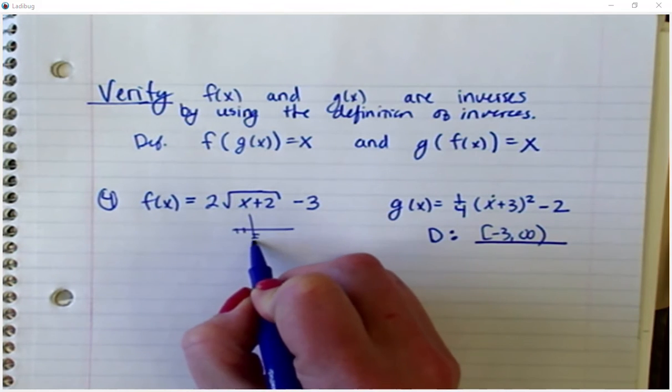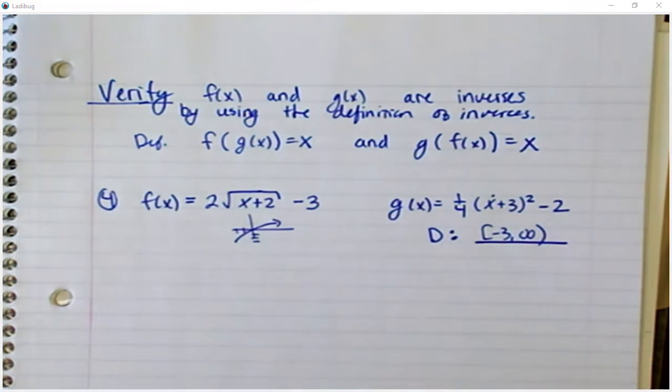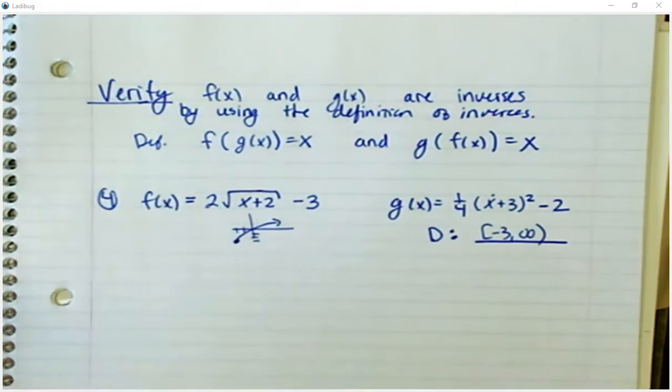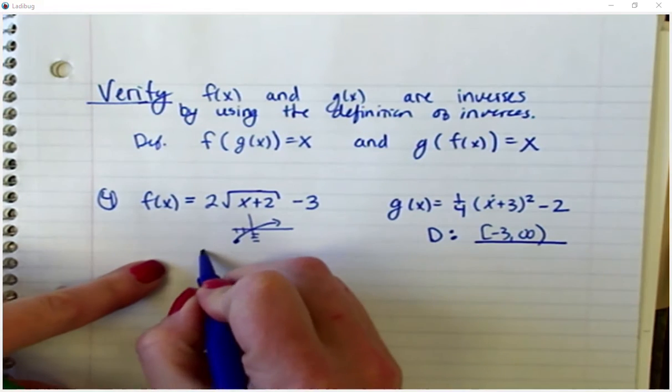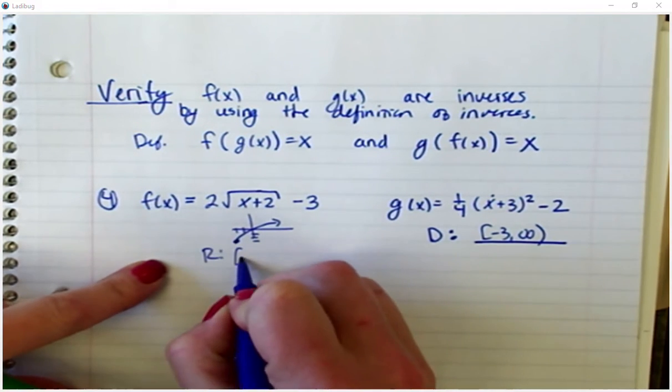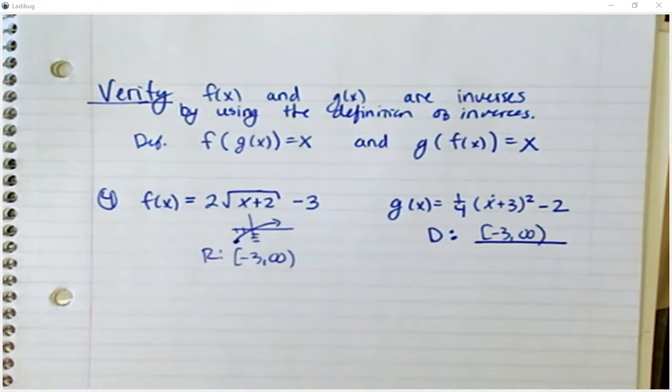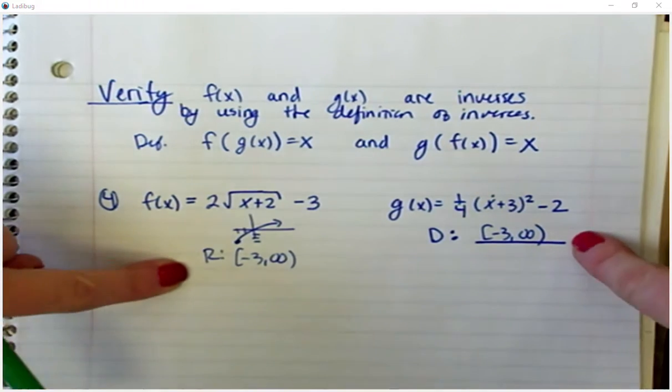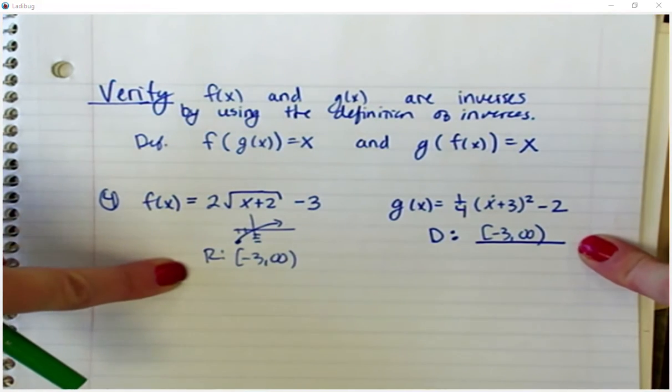Left 2, down 3. I could do a quick sketch and flip it to figure out what the domain should be. Also, what's the range of that graph? Yeah, the range turns into the domain.